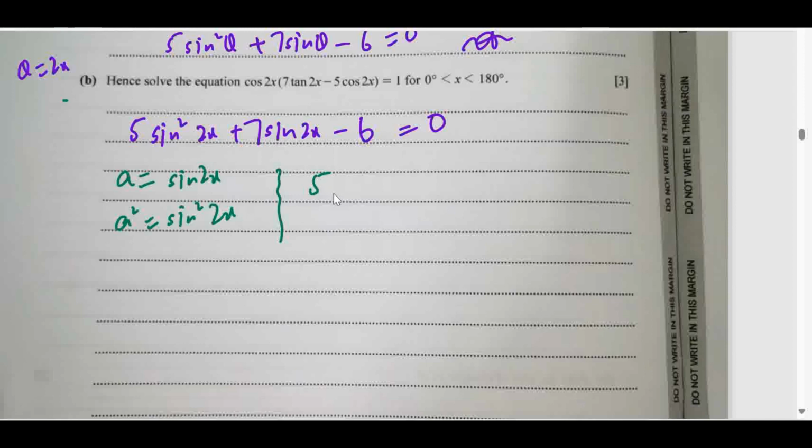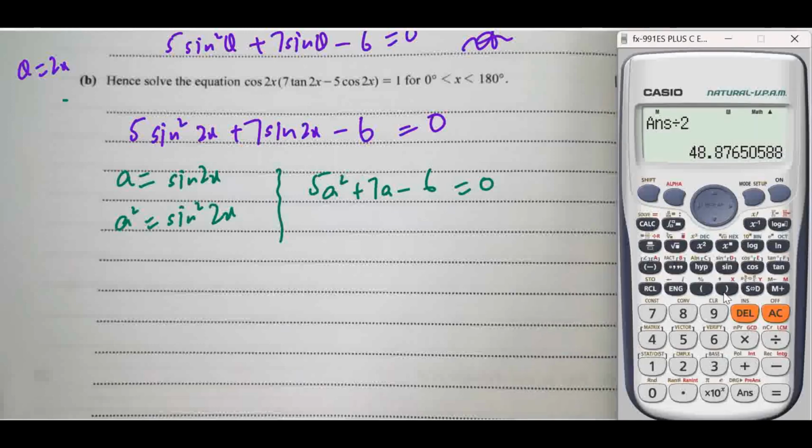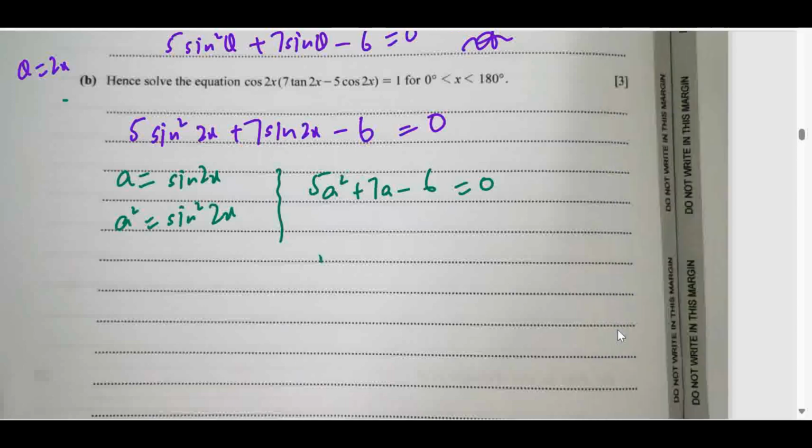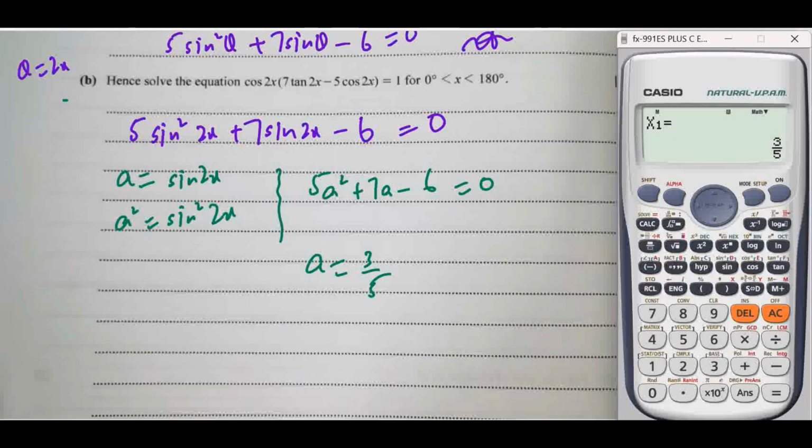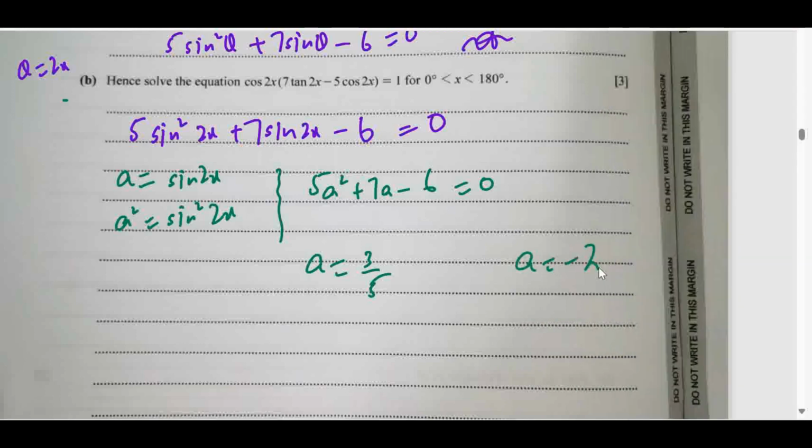So this was 5a square plus 7a minus 6 is equals to 0. Now if we find out the values, a is 5, b is 7, and c is minus 6. So the value of a is 3 by 5, and a is negative 2.